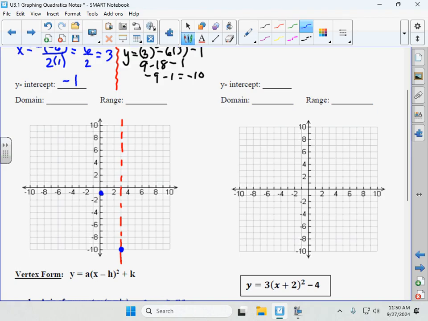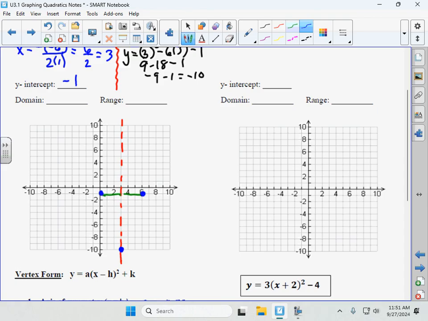We can use symmetry from the y-intercept. Count how far that point is away. It looks like it's 3 units. So let's go 3 units in the opposite direction. So 1, 2, 3. That's going to put us right here at 6, negative 1.